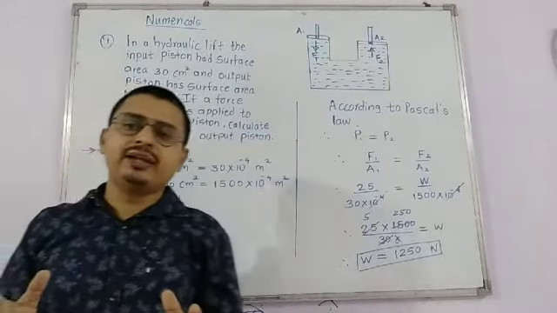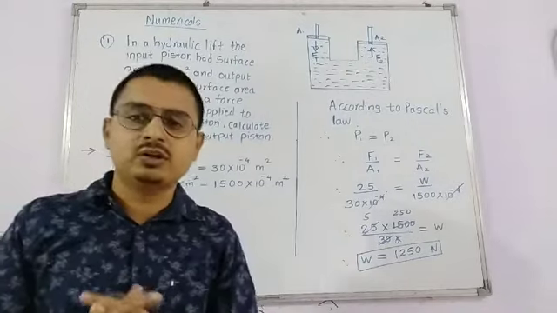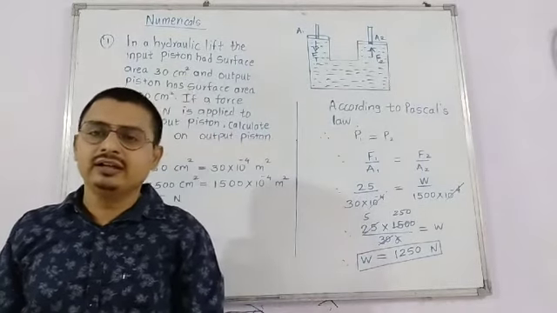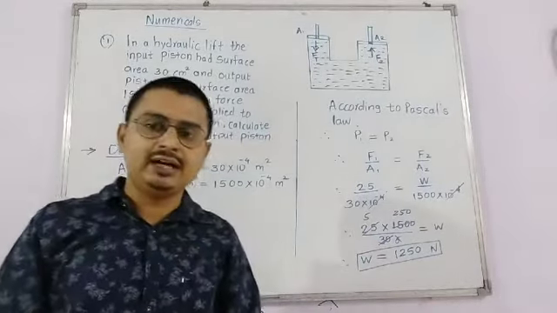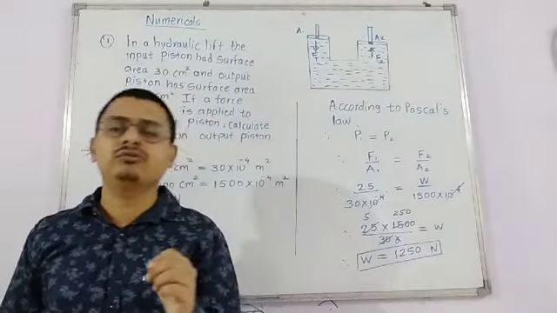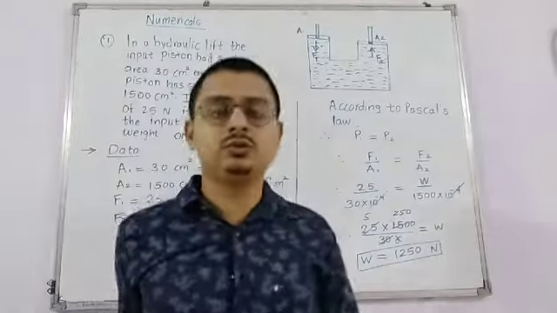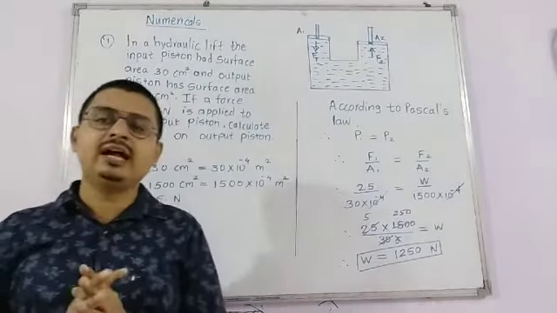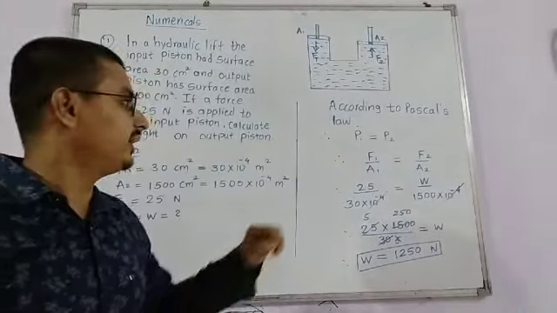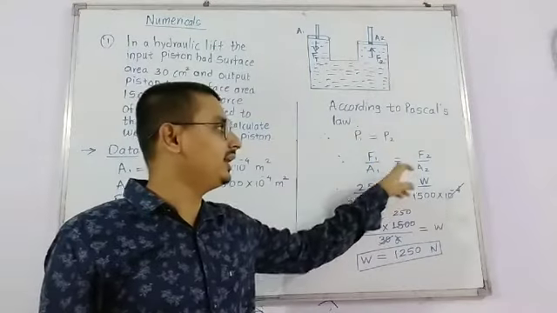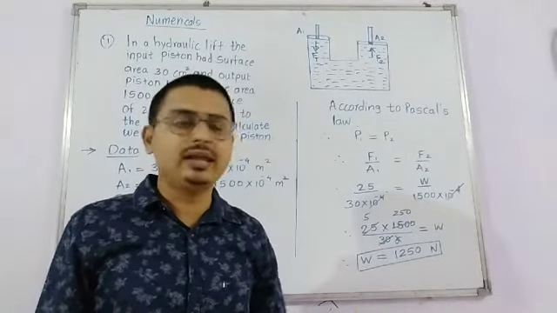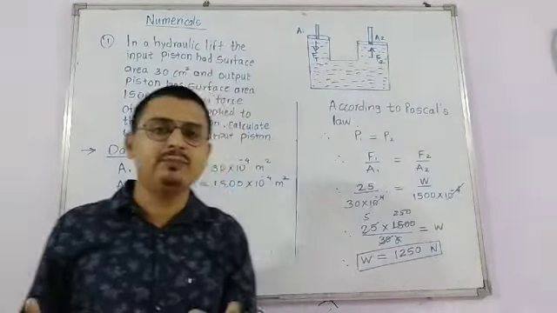Now, pressure is equal to the force or thrust acting on a fluid per unit area. So the pressures P1 and P2 are equal. Therefore, the thrust upon area will be constant.